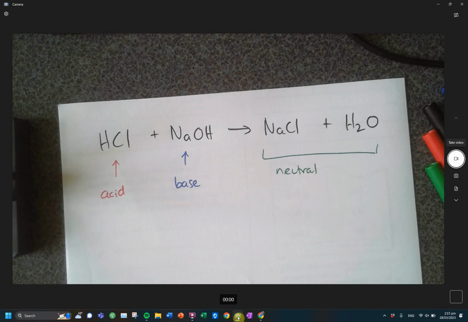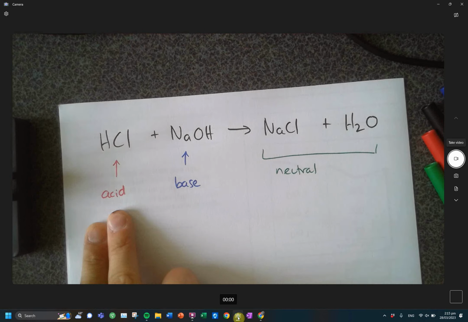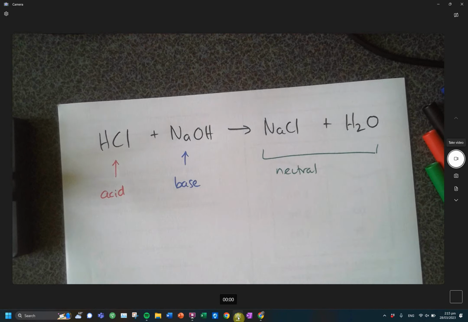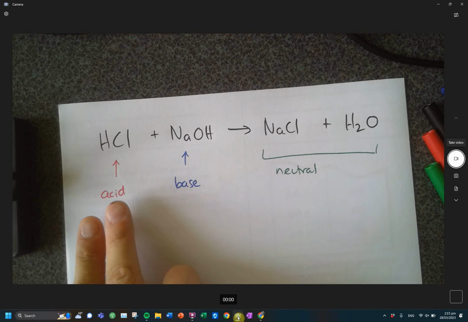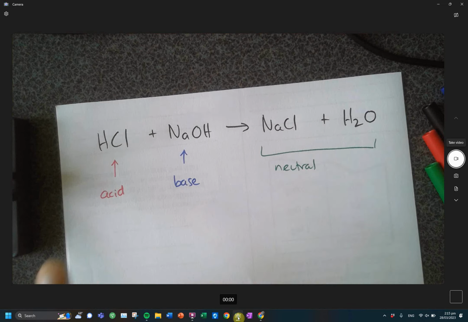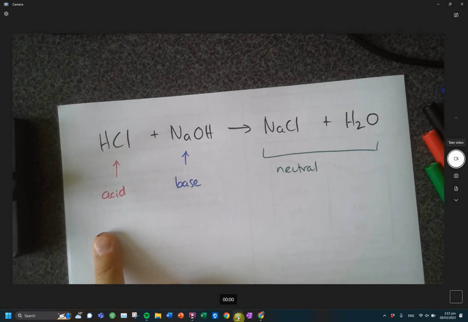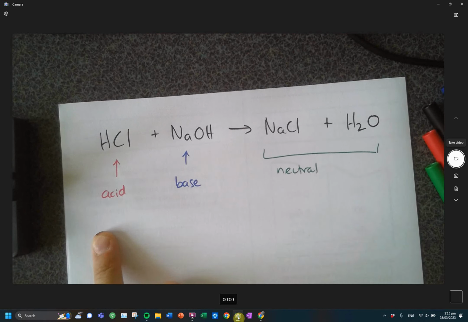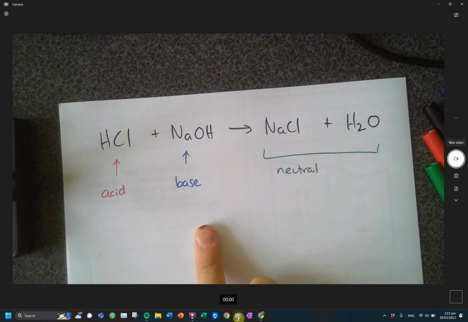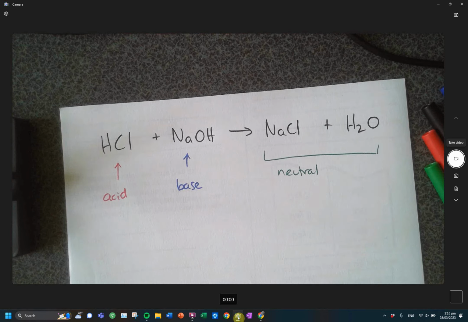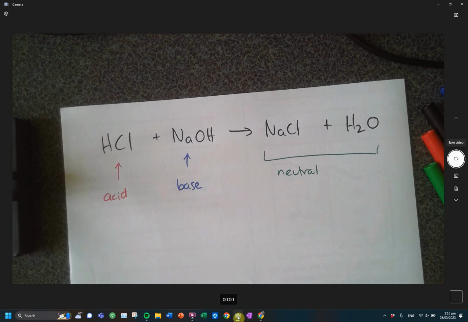If I don't have a neutral solution and I have too much acid, we saw that with the universal indicator being red, and what that means is that I have more acid than base. So I won't be able to use that as a reference point to figure out what the concentration of the base is because the acid is way over proportioned. Same thing happens in the reverse. If I had too much base, my solution was blue, and so again, it wasn't a balancing act.